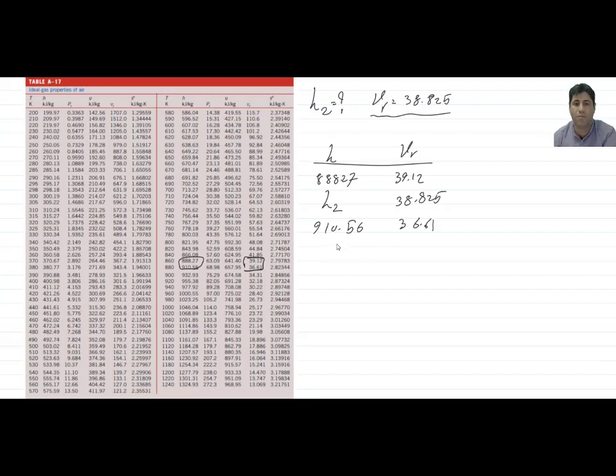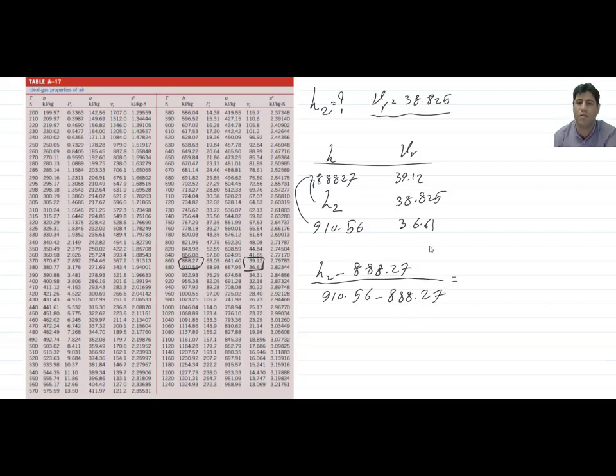Now again with the same procedure we need to write the equation. To write this equation, this goes with this and this with this. So first H2 minus 888.27 divided by 910.56 minus 888.27.